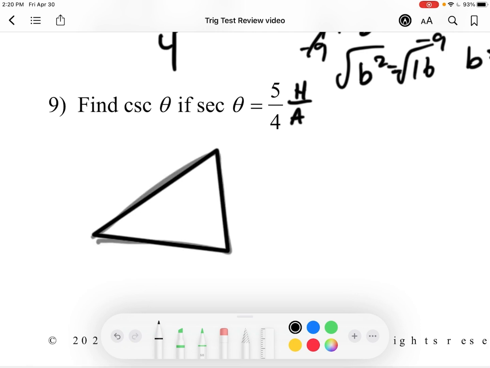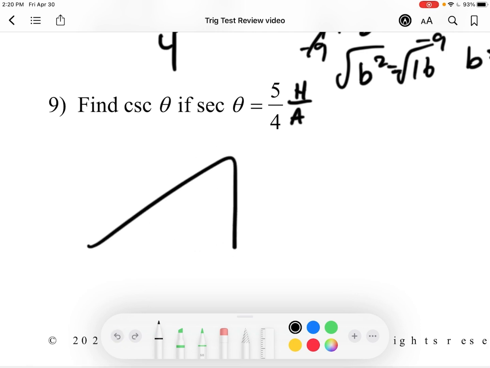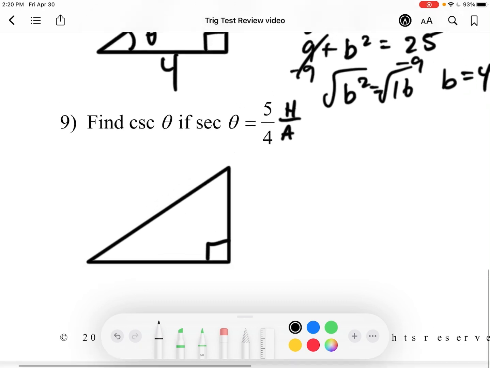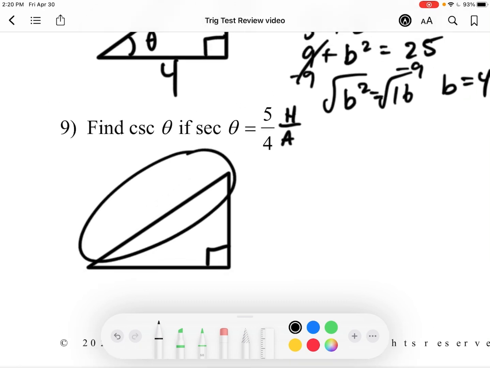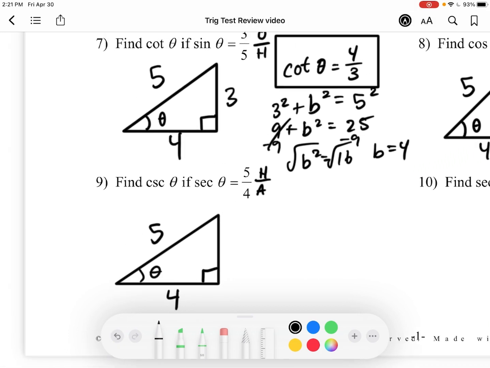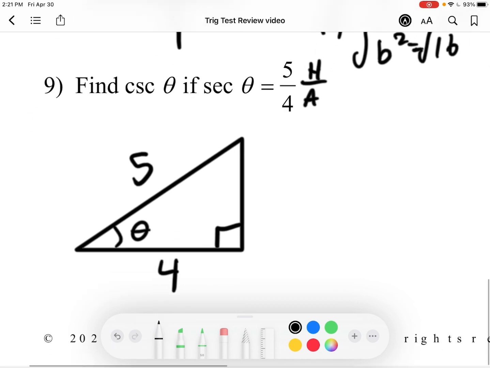So we're going to draw a triangle. And the hypotenuse is going to be the longest side right here. That's 5. We can put the angle here. That's theta. And we have the adjacent side. So that means that this is 4 right here. If you look at it, it's the same as our other triangles. So that means that this side is 3.